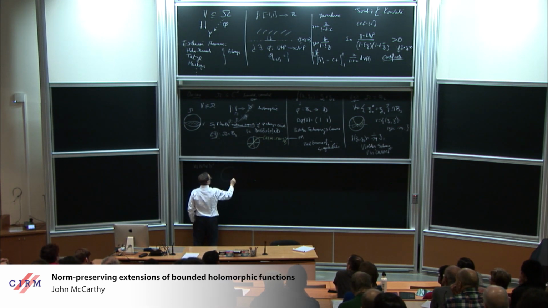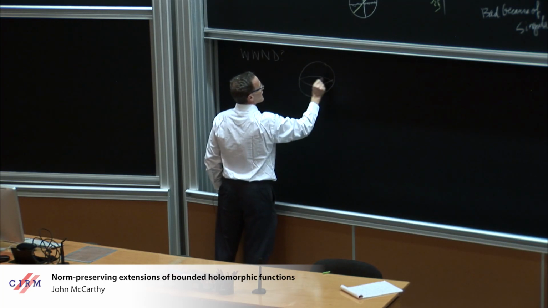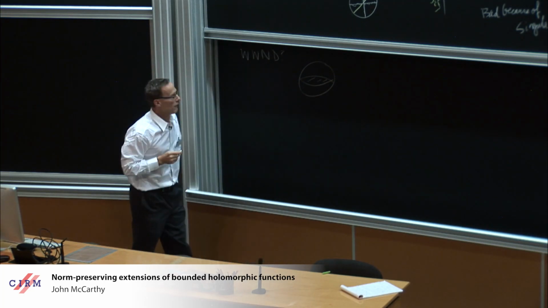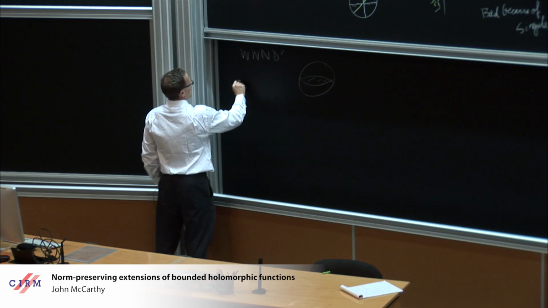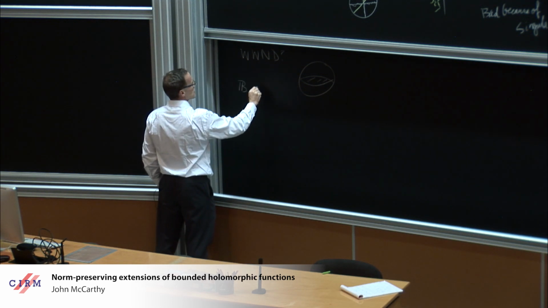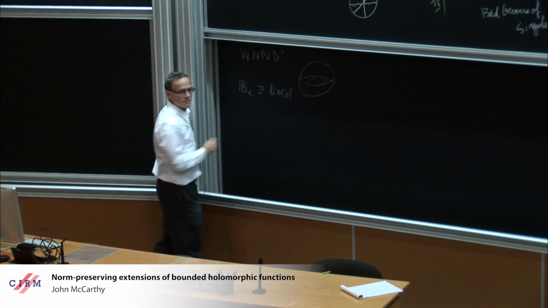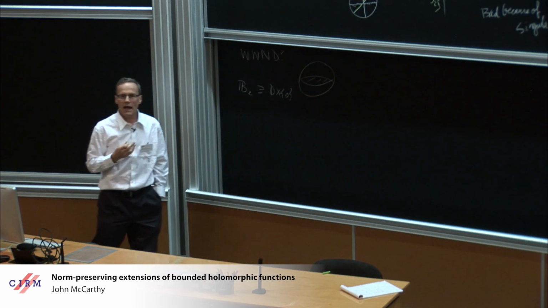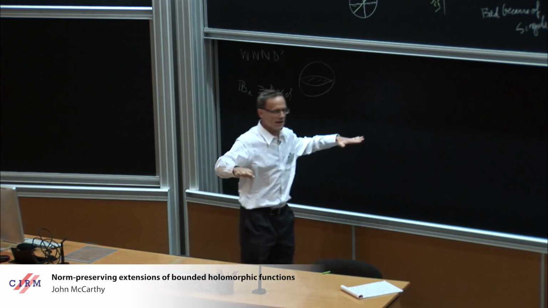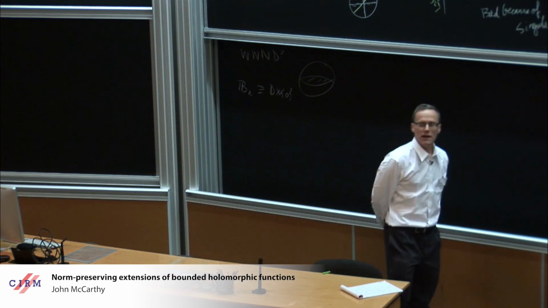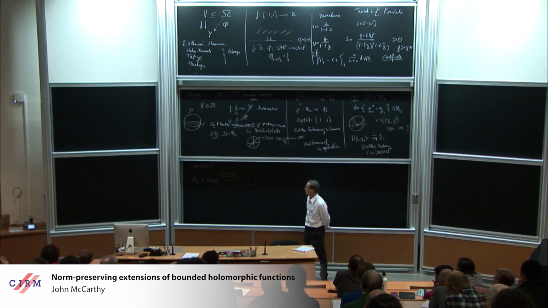Well, sticking with the disk, suppose we just take the equatorial plane of the ball. So sitting inside B2, I have D cross 0. And from this equatorial plane, you have what Xiaojun Huang calls the idiot's extension.